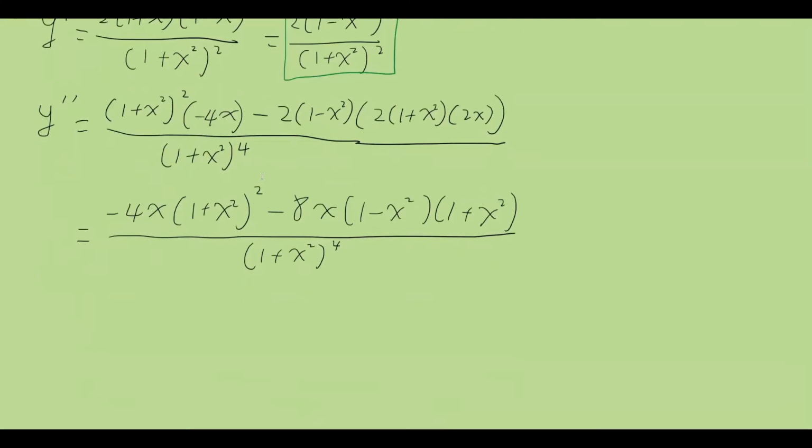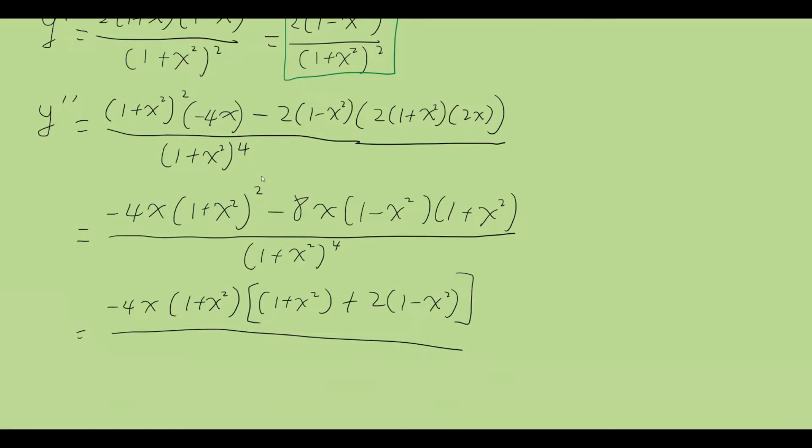And in the numerator, I'm going to factor out -4x times 1 plus x squared. And let's see what we have. So in the numerator, first part, we have 1 plus x squared left. And then the negative is gone, so plus 2. And the 1 plus x squared is gone, so 2 times 1 minus x squared. Like that. All right, and all over 1 plus x squared to the 4th power.